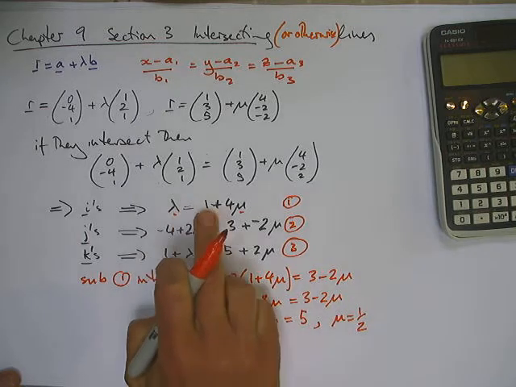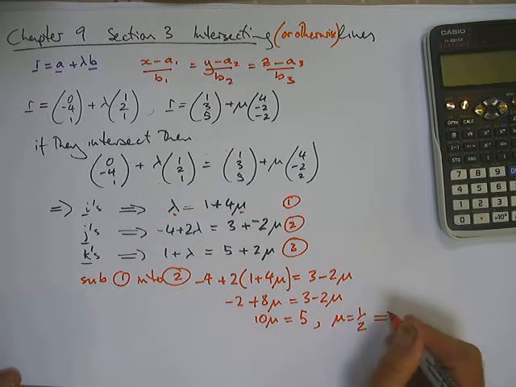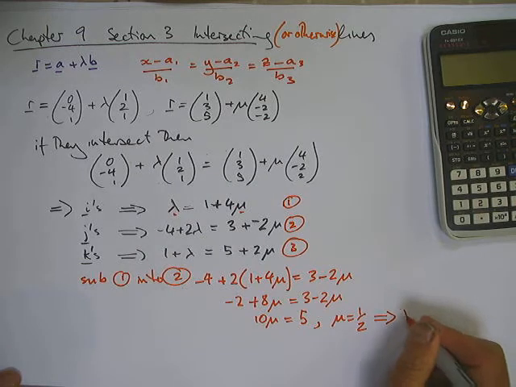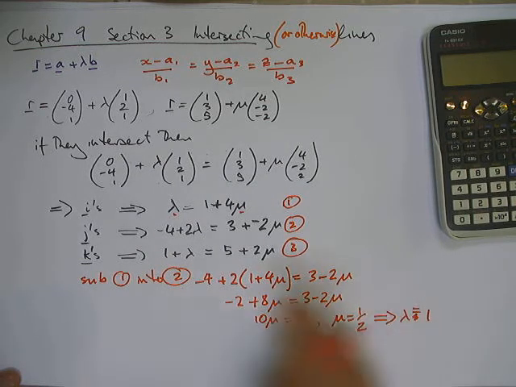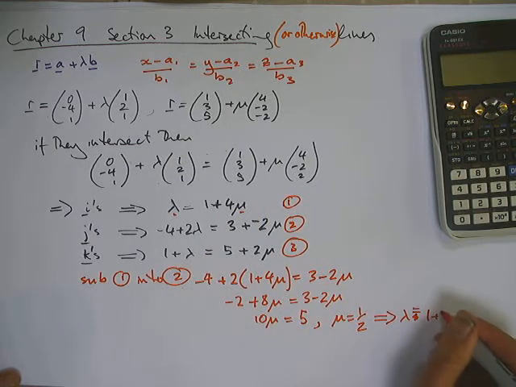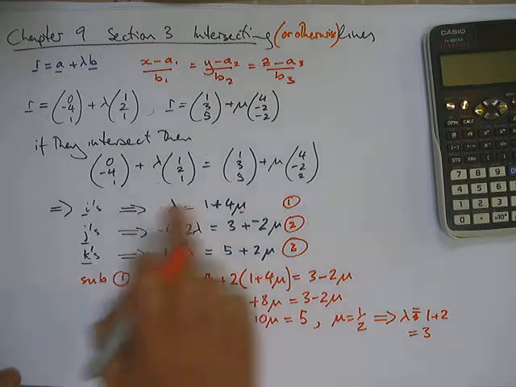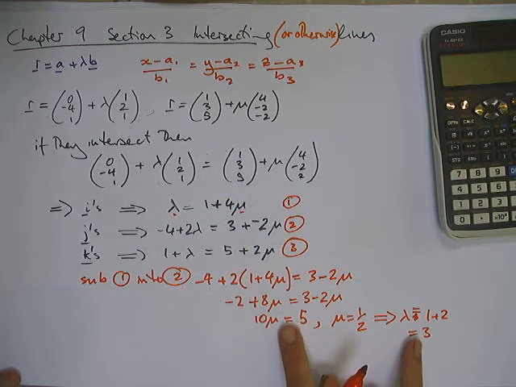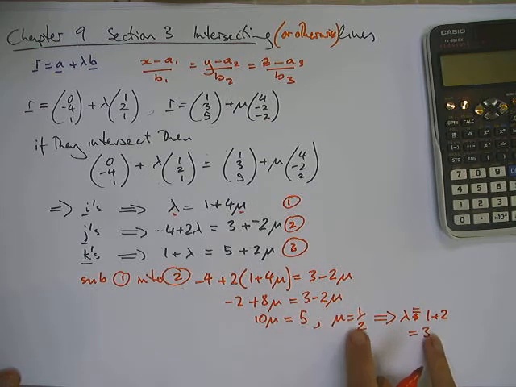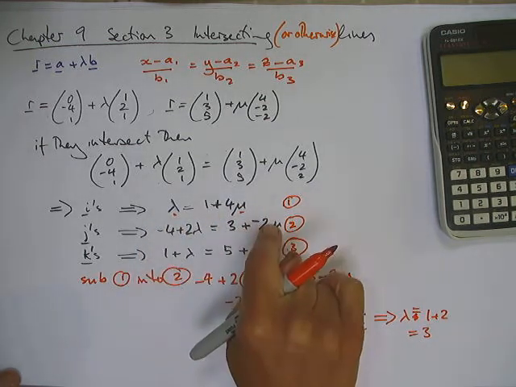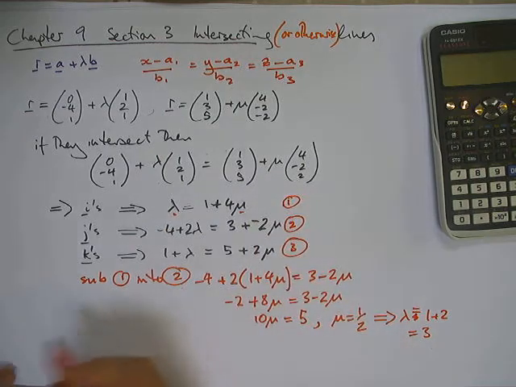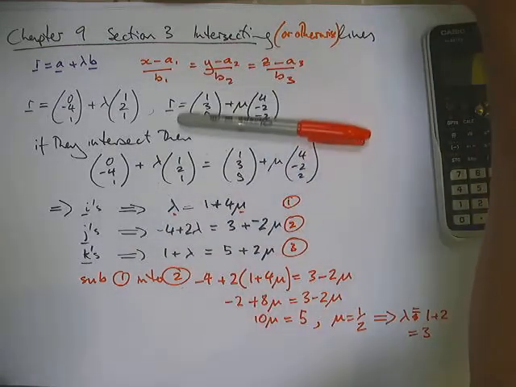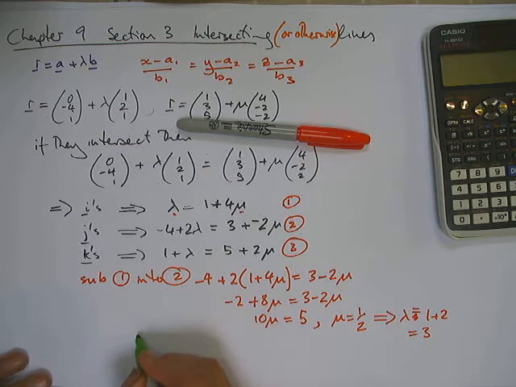Right, lambda is 1 plus 4 mu, therefore lambda is 1 plus 4 times a half, which is 3. Remember, that's what we've got from combining these 2 equations. We have found a pair of values from solving a pair.